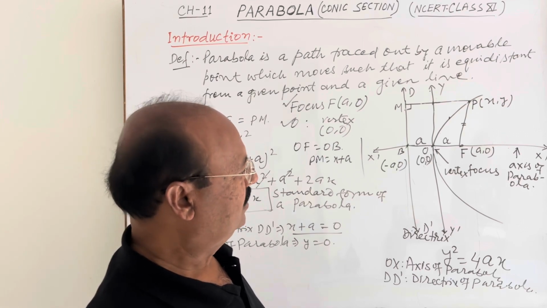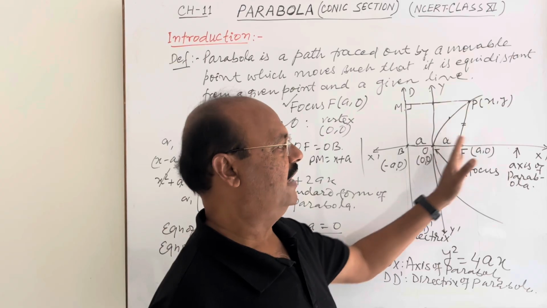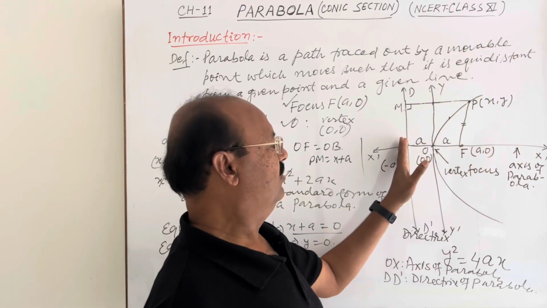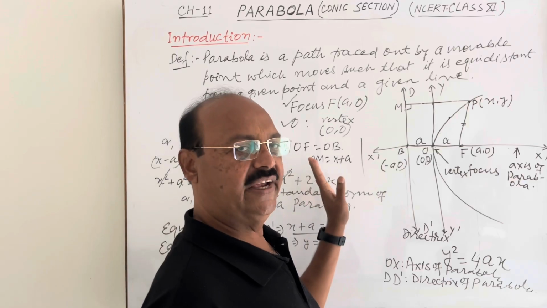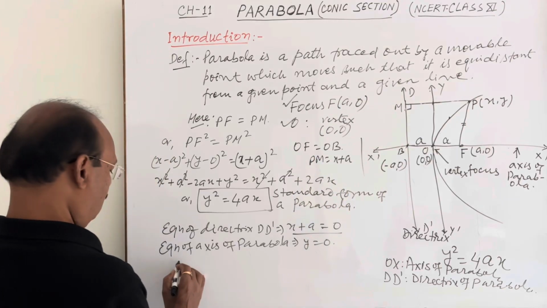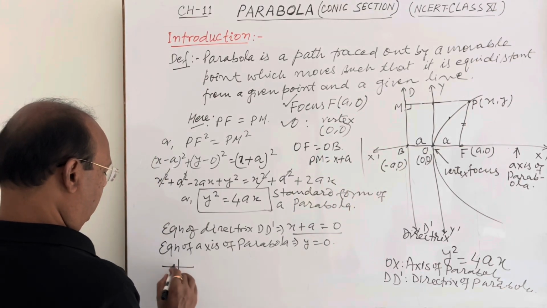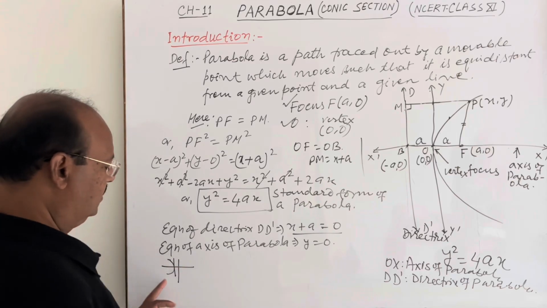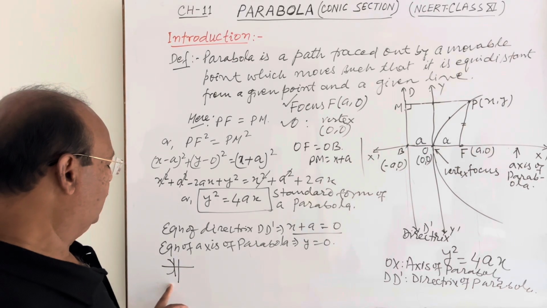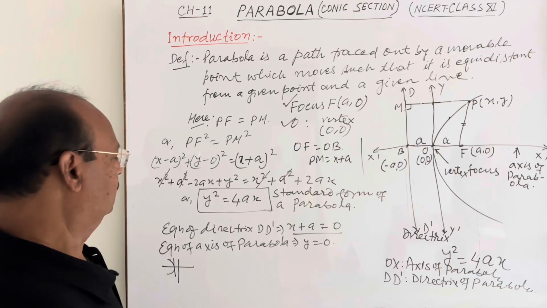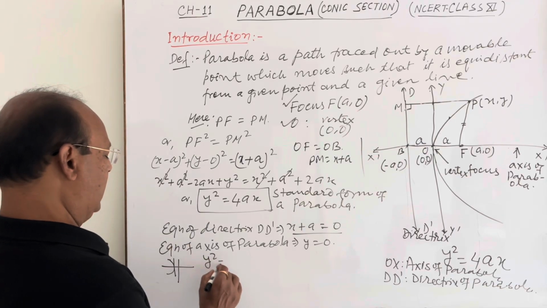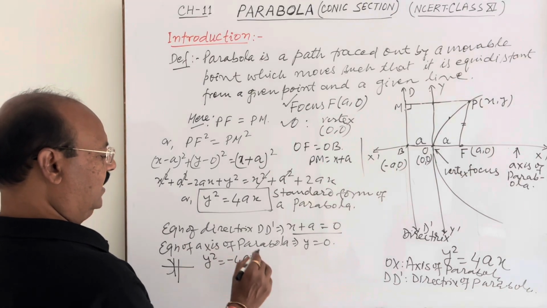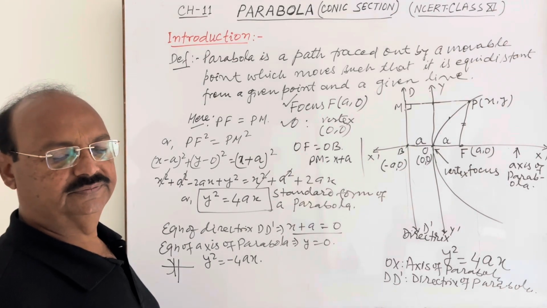Here this parabola is right-handed, open on the right side. But if the parabola opens on the left side, like this, then the equation of the parabola will be y square is equal to minus 4ax. Correct?